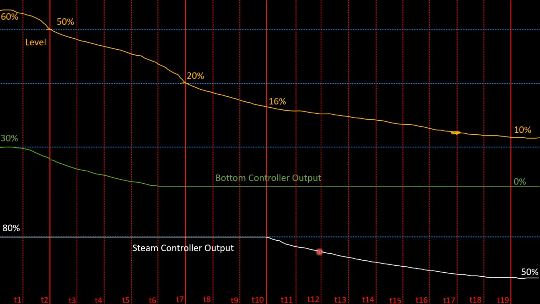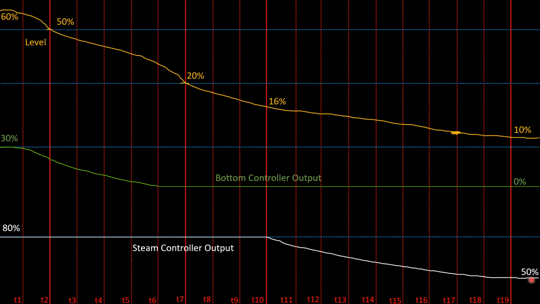And then let's say 70%, as base level keeps decreasing. Now let's say at T16 it's 60%. It's going to keep going and going until base level is finally back at a stable position, 10%, and that last condition was 50% for steam.